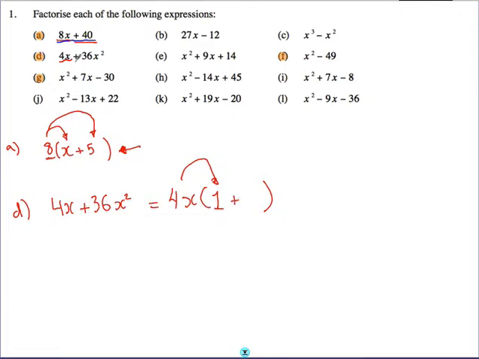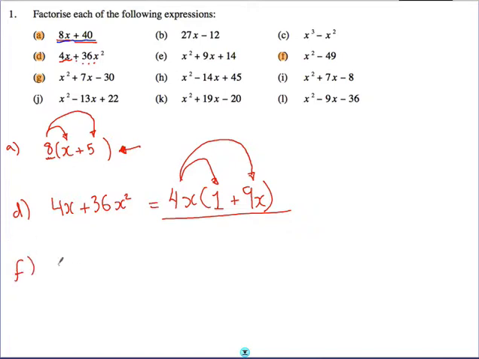Plus, since we've got plus here, 4x times what gives us 36x squared? Well, we definitely need the x there because x times x gives us x squared. Now, 4 times what gives us 36? It's just 9. We're done, finished. We've fully factorized it.